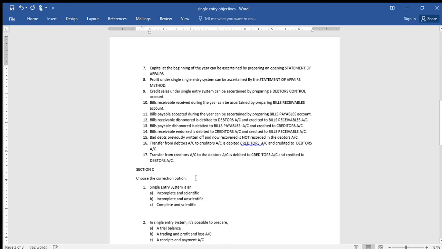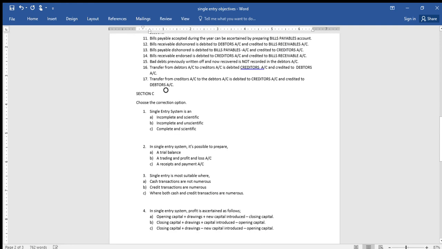Then section C, we are saying choose the correct option from the following. Question 1, single entry is: A, incomplete and scientific; B, incomplete and unscientific; C, complete and scientific.